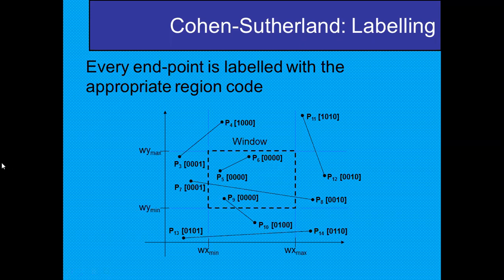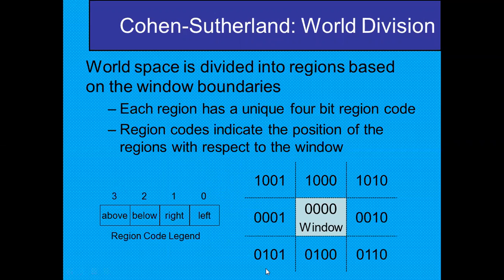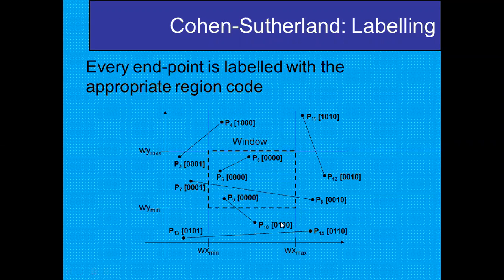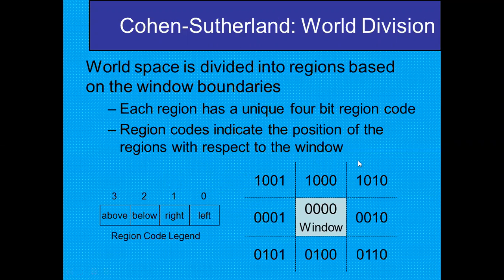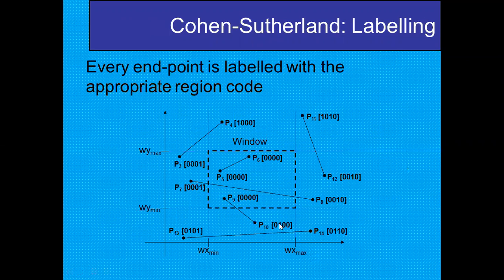Similarly, now you can see here is P7. P7 is lying in the region 0001. First you remember the image space region codes. The space is divided into 9 regions, and this one is 0001.